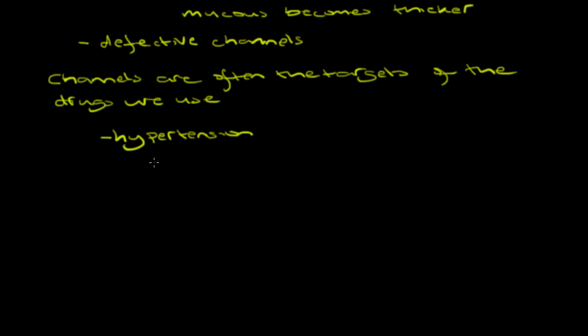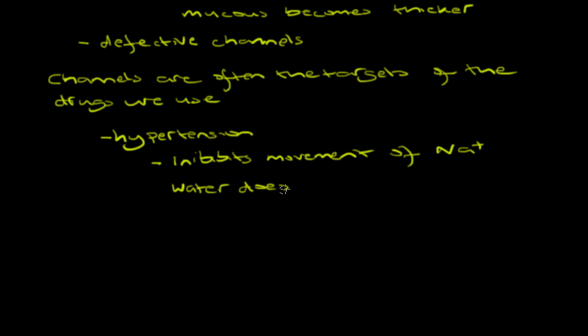So if sodium is inhibited, it inhibits movement of sodium by interfering with the sodium transporter, and as a consequence water can't follow the sodium, so water does not follow, because wherever sodium goes, water tends to follow it as well in a process of osmosis.